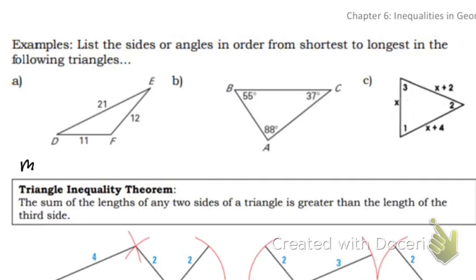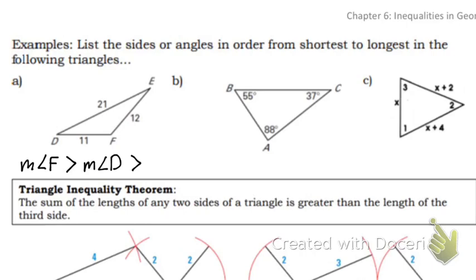So we're going to say measure of angle F must be bigger than, then we go to the middle size one, which is 12, and the angle that forms 12 is angle D. So measure of angle F is bigger than measure of angle D, which must be bigger than the last angle, which is E, across from the shortest side.